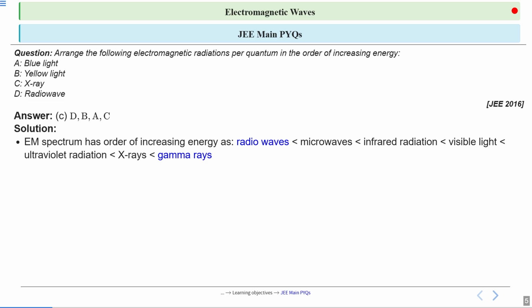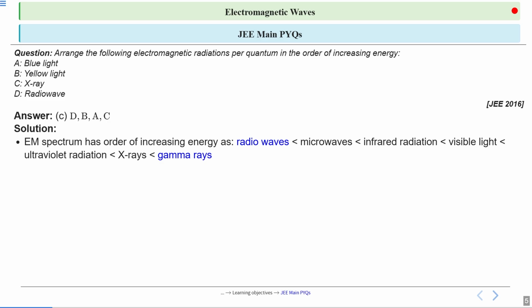X rays have less energy than gamma rays. Ultraviolet radiation has less energy than X rays. Visible light has less energy than ultraviolet radiation. Infrared has less energy than visible light, microwaves have less energy than infrared radiation, and radio waves have least energy among all the electromagnetic waves.